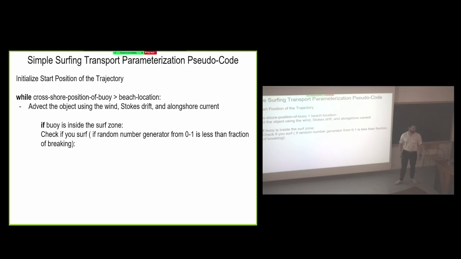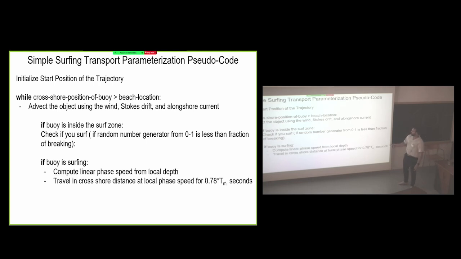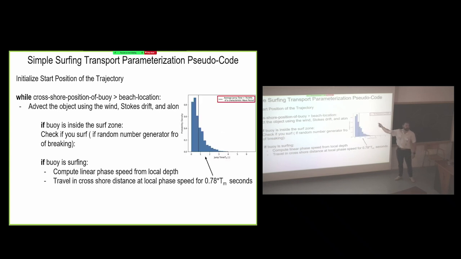But we just use this random number generator to start saying, okay, maybe I surf on this wave, maybe I don't. If you start surfing, find your local depth, compute your phase speed, and start moving at this 0.78 times the mean period. So you get that mean period from this distribution here, we get that 0.78 from here, and you give it your mean period.